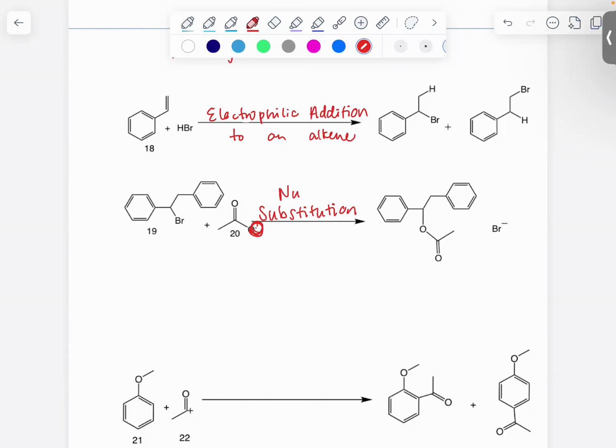Nucleophilic substitution. It could, we just haven't learned that yet. So for you, it can't. N, negative, nucleophilic. Okay, what about this next one?